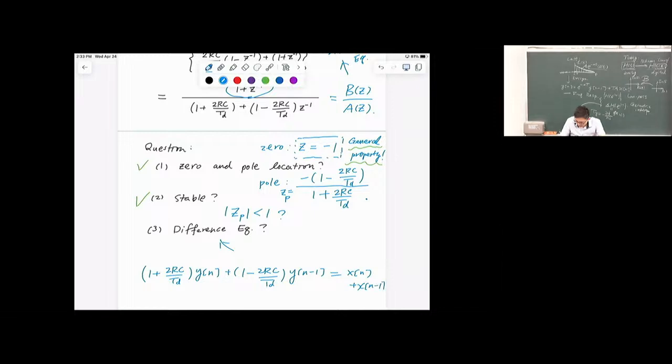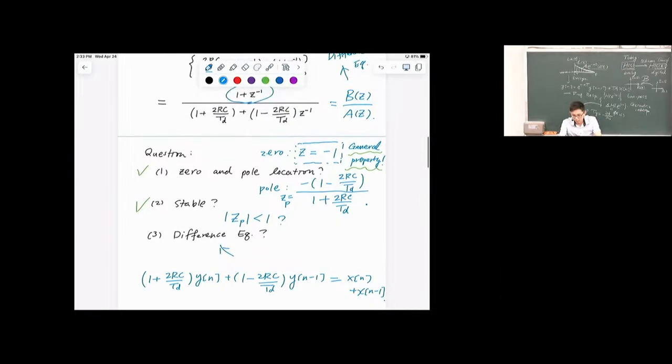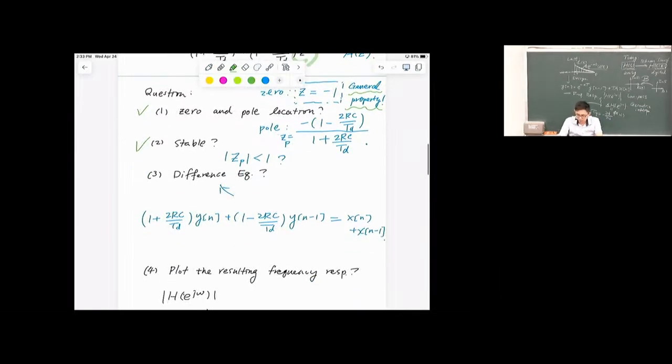That's just directly by inverse z transform, and noticing that z to the minus 1 corresponds to a one sample delay, right? So it should be pretty straightforward that we have this difference equation.